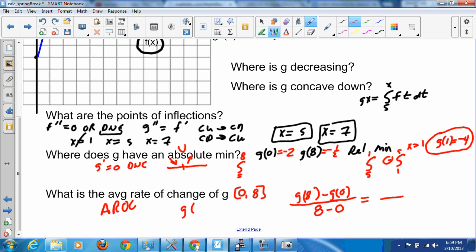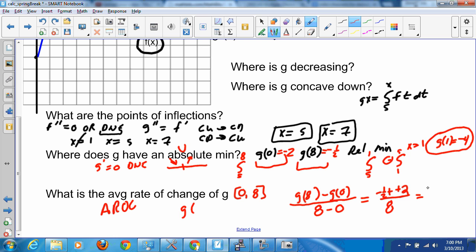So it turns out that in the problem right above, we actually figured out what these values were, so that's kind of nice. So g of 8 is a negative 1/2, and then we're subtracting a negative 2. So we add the opposite here, which becomes positive 2.